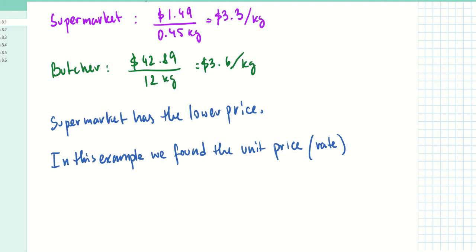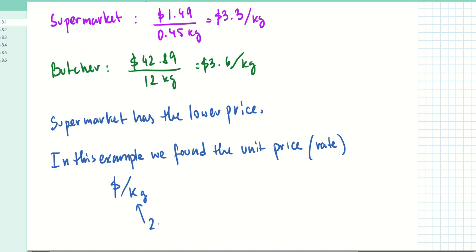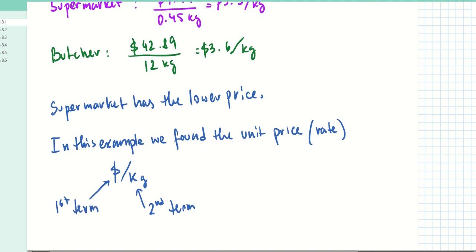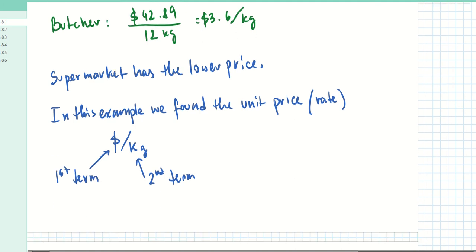So this means that we found a rate in which the value of the second term is per 1. If we look at the terms here, dollars per kilogram, this is our first term, and the kilograms is our second term. So the second term, the kilograms, is going to be per 1 kilogram.